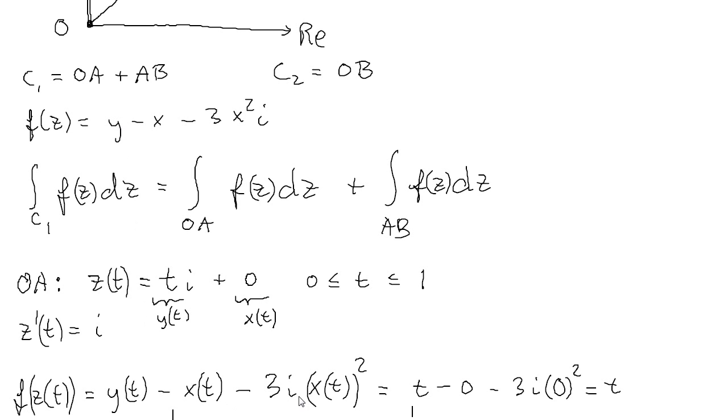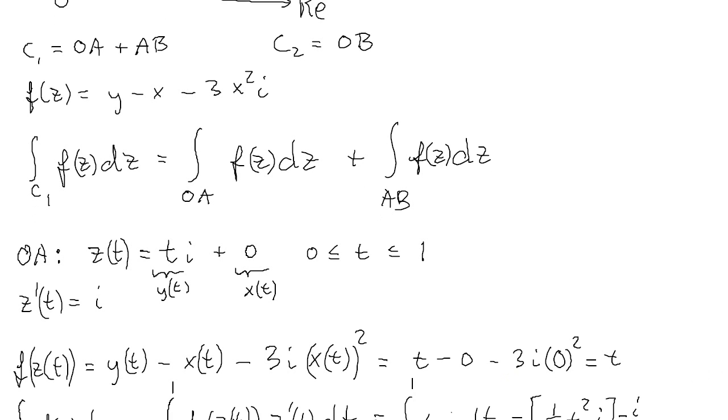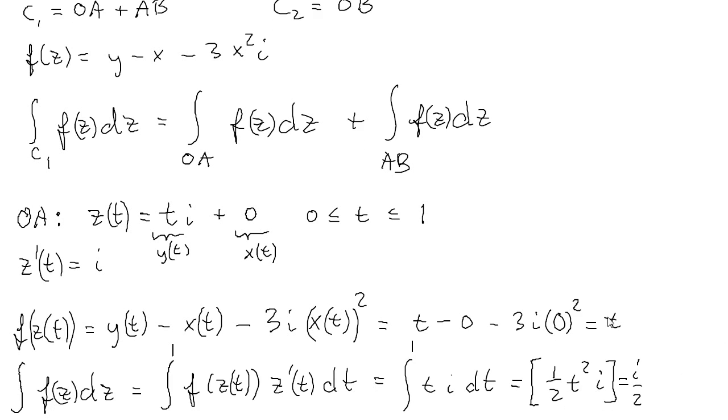This is what we have done here, and we then substitute these expressions. We have x of t is always equal to 0 in this straight line, and y of t is equal to t. So substituting this, we obtain this simple expression, which is just equal to t.